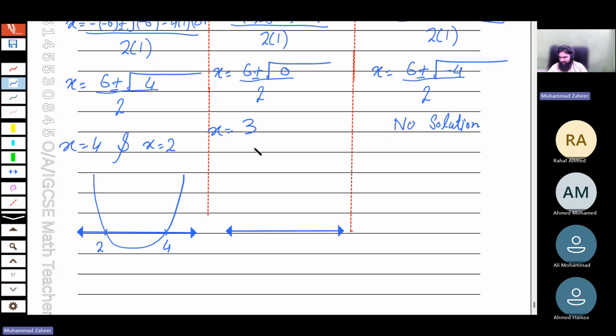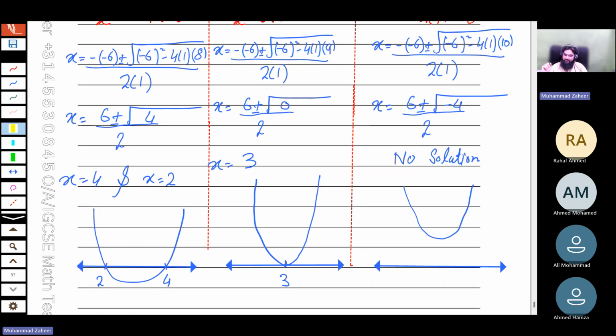This means that the graph is going to touch the x-axis and go back, and it touches at x is equal to 3. When we get no solution, it means that the quadratic graph is going to look like this: it is going to be above the x-axis, or it may be below the x-axis. That's why you are not going to get any solution.